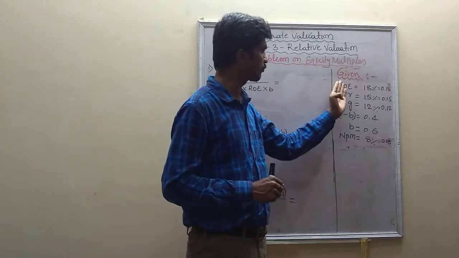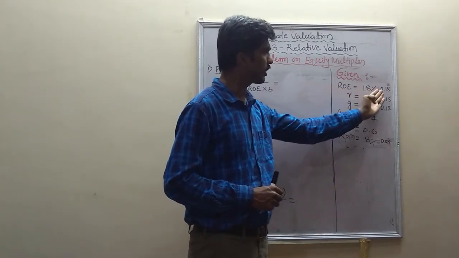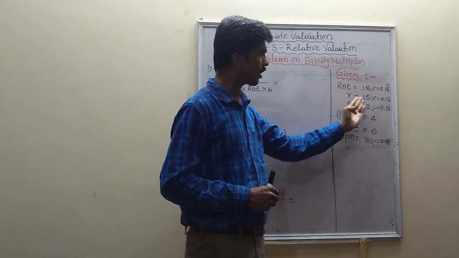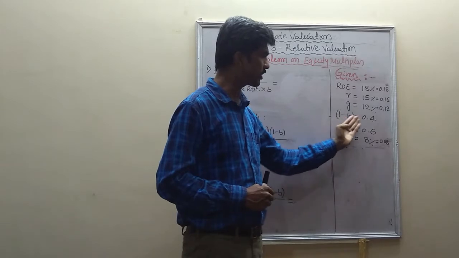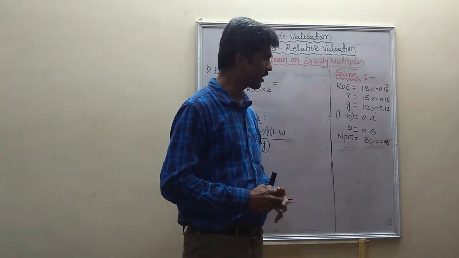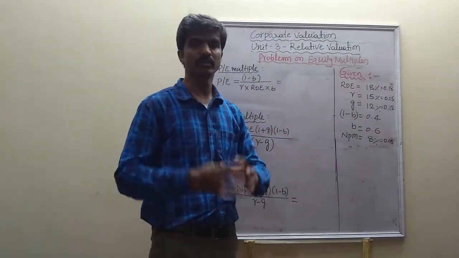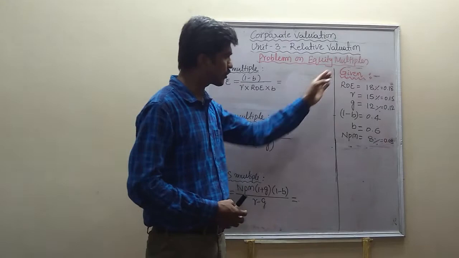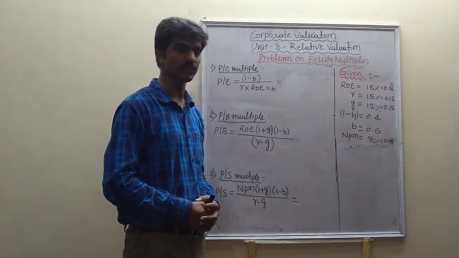From the given problem, the values are as follows: ROE 18%, R 15%, G value 12%, 1 minus B is 0.4, B is 0.6 and NPM is 8%, which are the given things in the problem and which are useful for calculating the equity multiples.